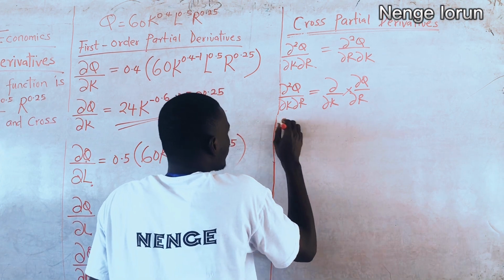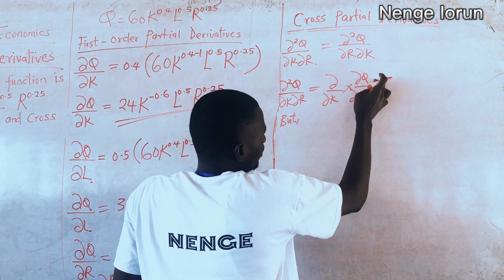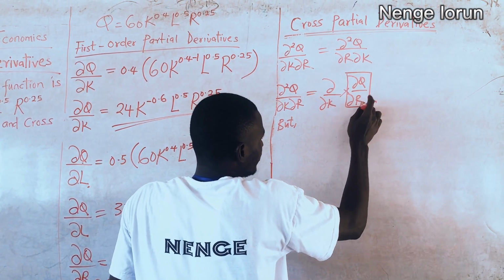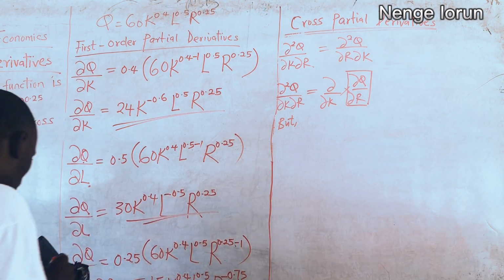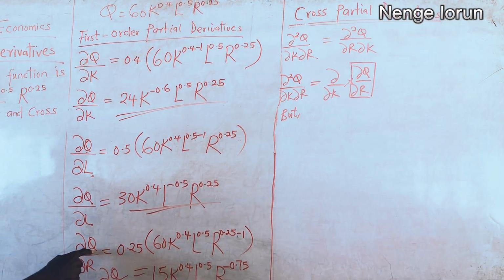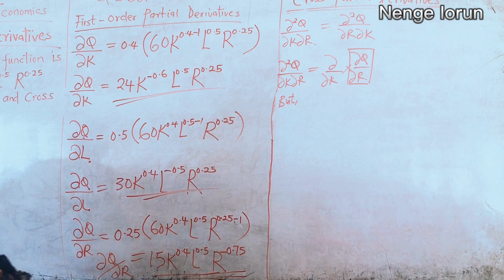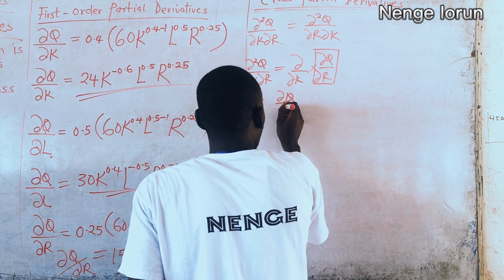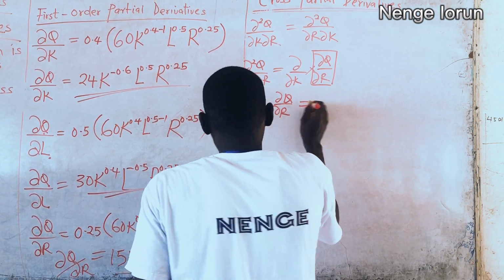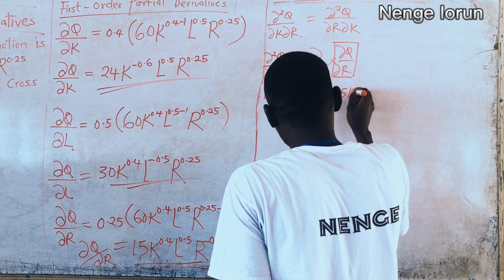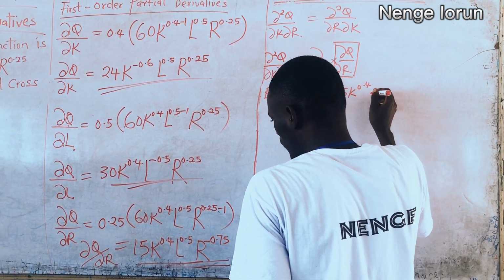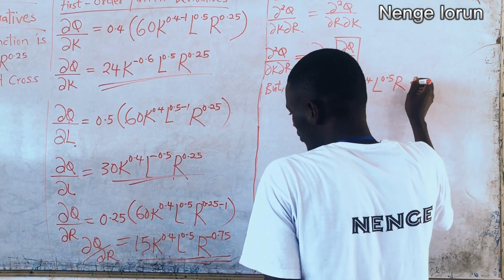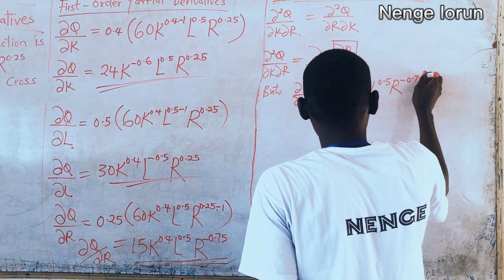You discover that the cross-partial derivative of q with respect to r has been computed, which is 15k raised to the power of 0.4, L raised to the power of 0.5, and r raised to the power of negative 0.75.